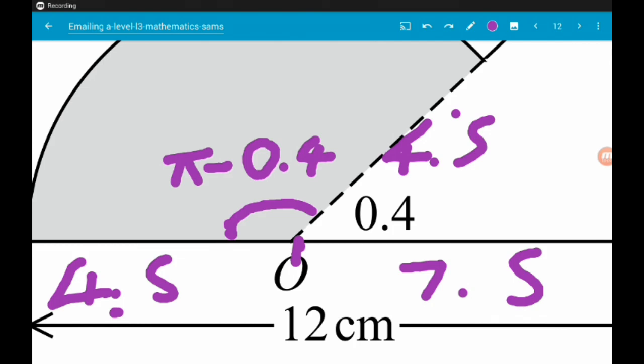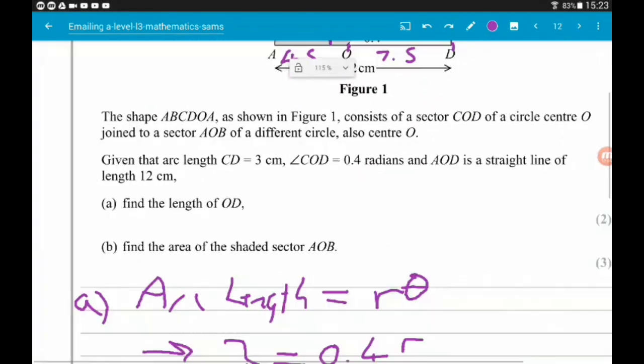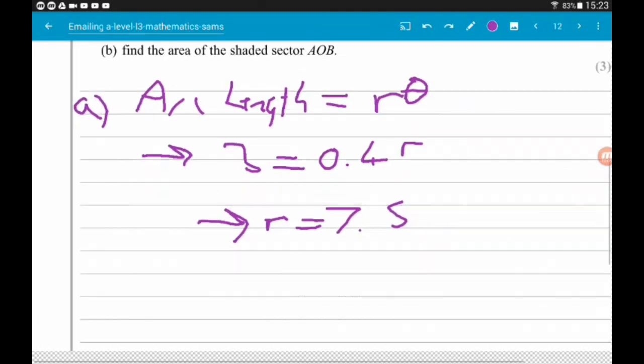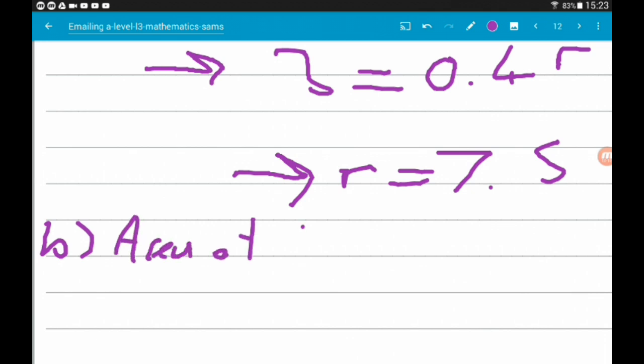Now we need to remember our formula for the area of a sector, which is 1/2 r squared theta.